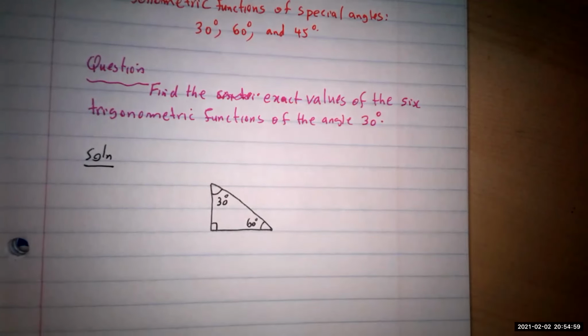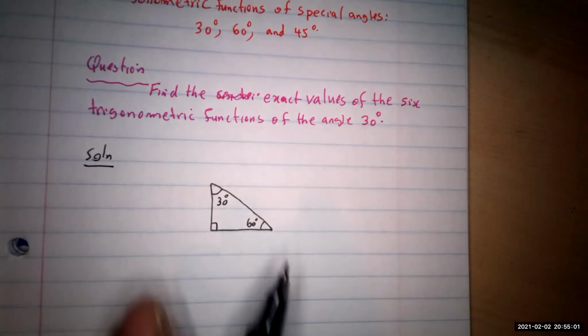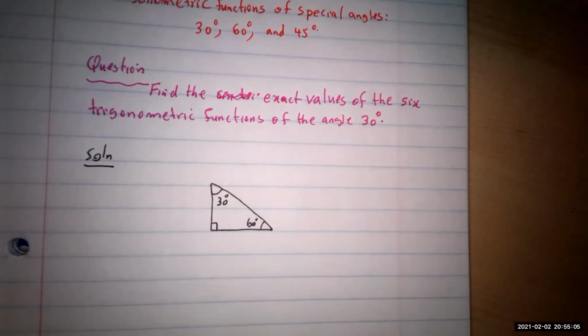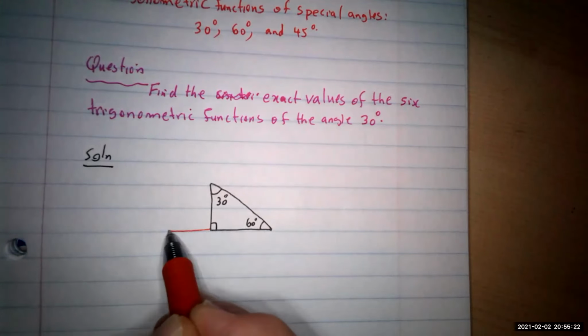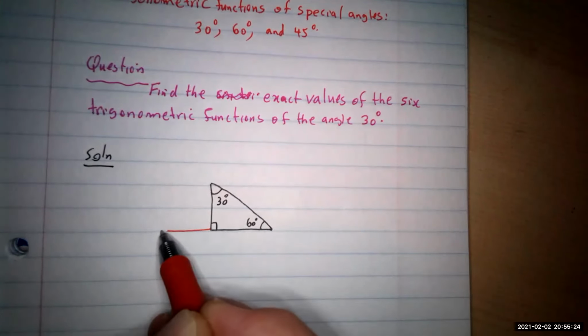In order to find it, we have to know the hypotenuse and the opposite sides. So what we are going to do is make a copy of this triangle and put the copy here, exactly the same one.